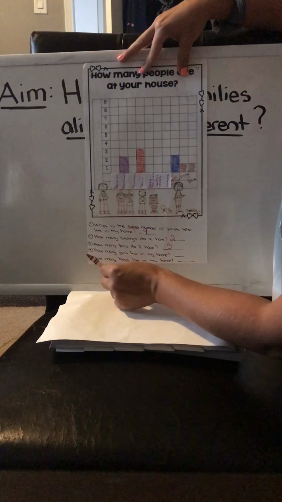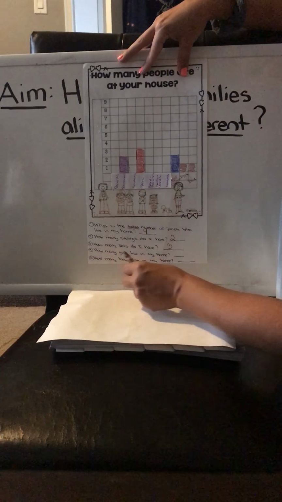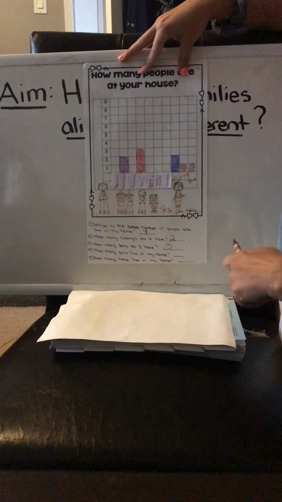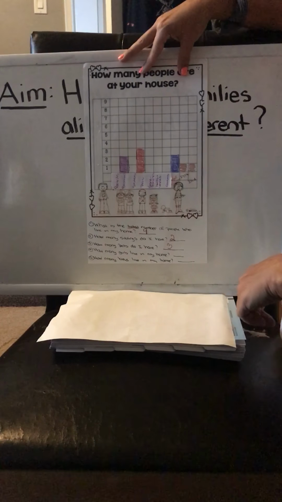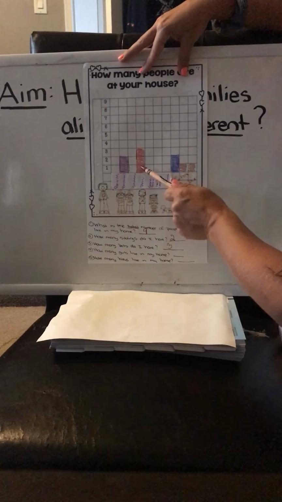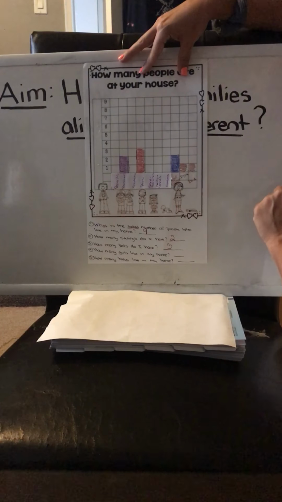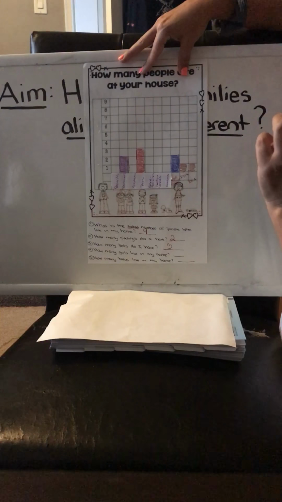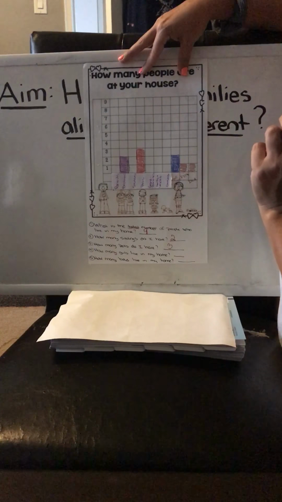Awesome job. Next one. How many girls live in my home? This could be tricky. Remember, you're going to turn and talk with your partner before you answer these questions. So some of you might know if the pets are a boy or a girl. Some of you might not know if your pet is a boy or a girl. But you could go ahead and discuss that. Alrighty, so let me see.